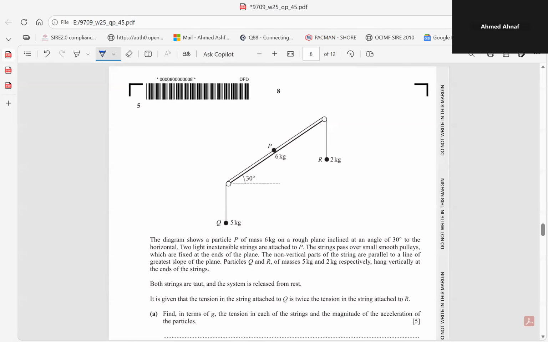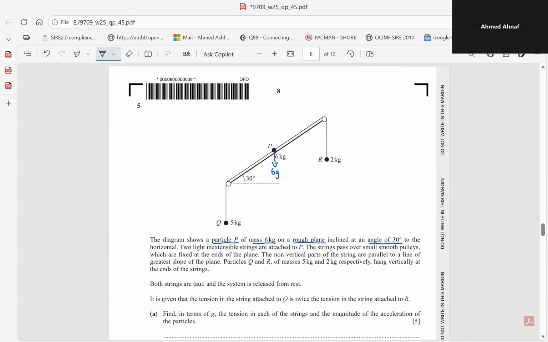Okay, so for this question, we're shown a diagram with a particle P, mass 6 kg, on a rough plane inclined at an angle of 30 degrees to the horizontal. So this is the particle that they're talking about. The weight is going to be 6g.